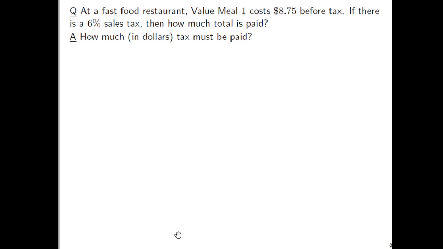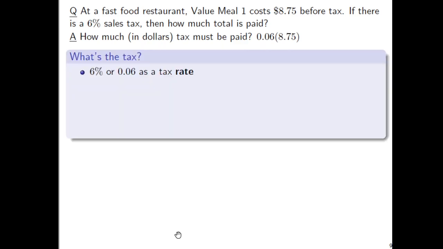Now, how much tax has to be paid as a percent is 6%, but as a dollar amount, it's take that 8.75 and multiply by 0.06. Okay, so what's the tax? Just to really clarify here, when I've asked in the past what's the tax, yeah, technically 6% or 0.06 is correct to say that's the tax, but that's the tax as a percentage or as a rate.